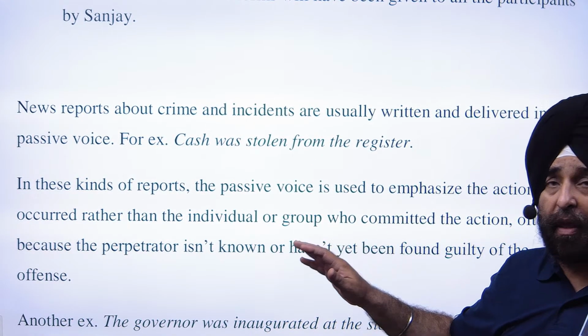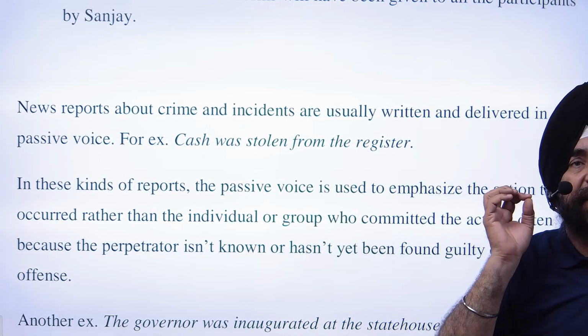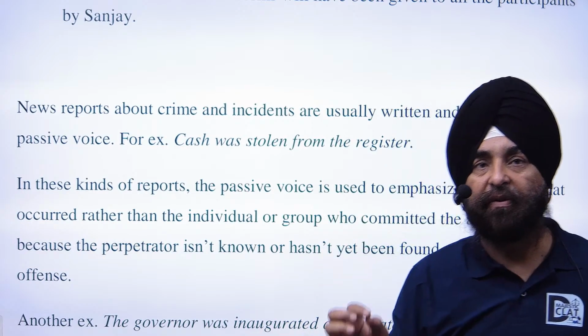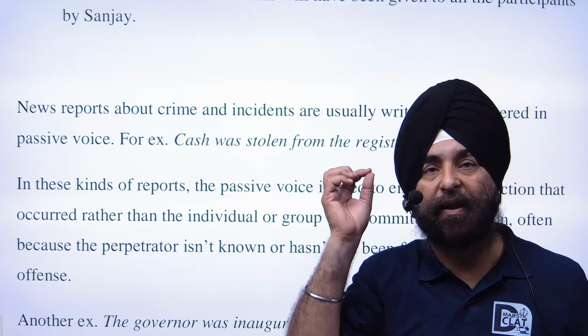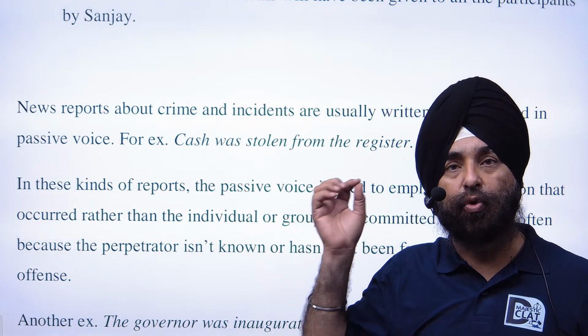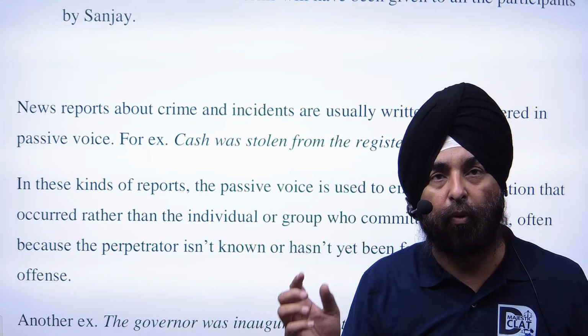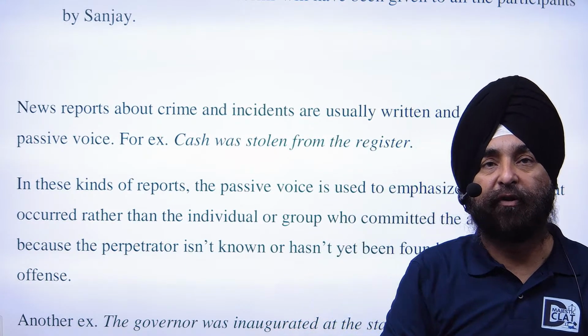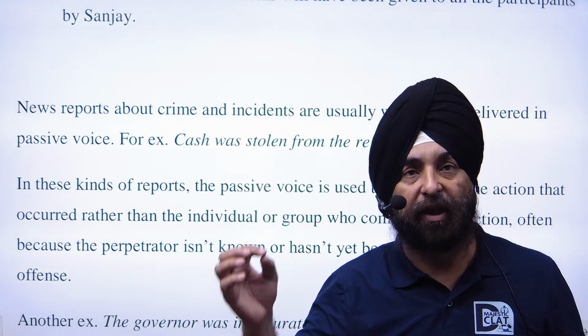Now, why has it been mentioned in the passive voice? There is a reason behind it. Because it is unknown as to who has performed the act. So the doer of the act is missing, or you can say we are not sure about the doer. So we prefer to make use of the passive voice when we are reporting such incidents.